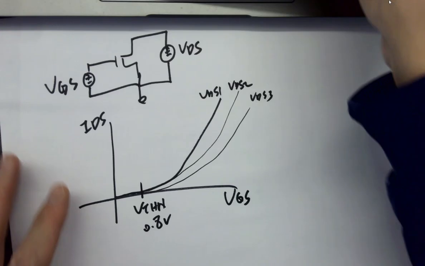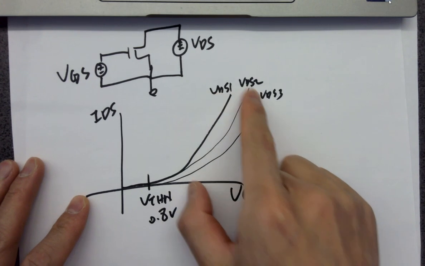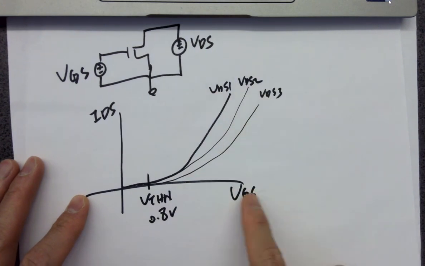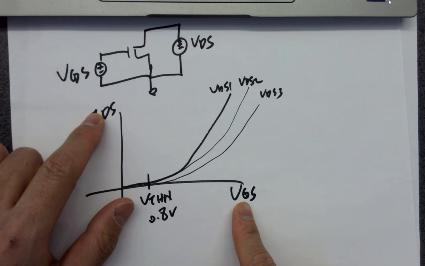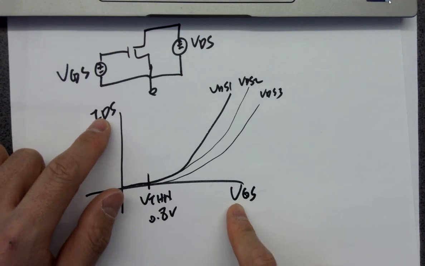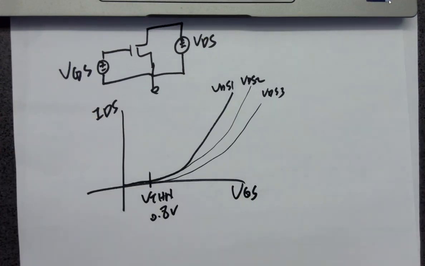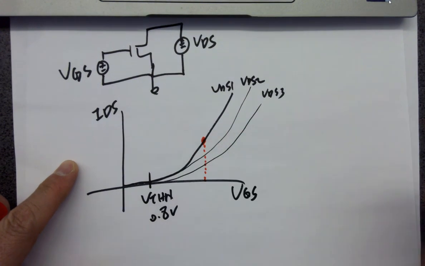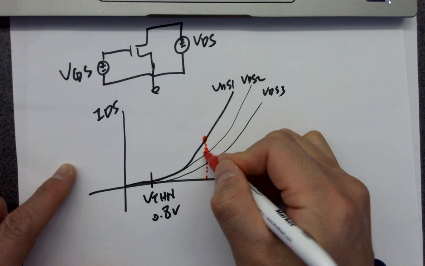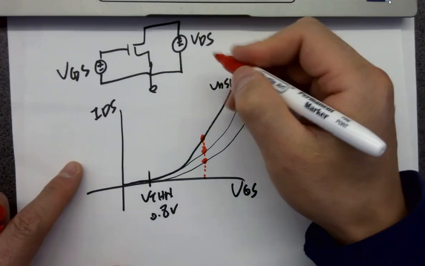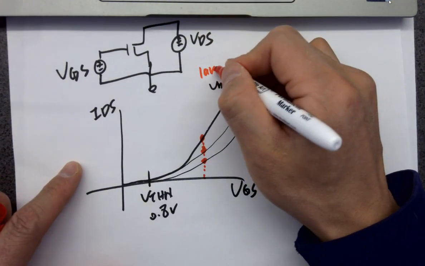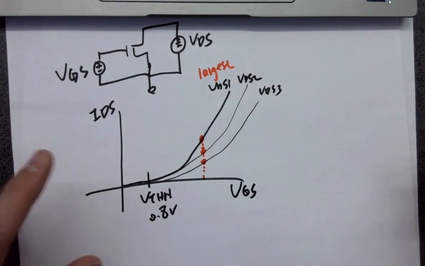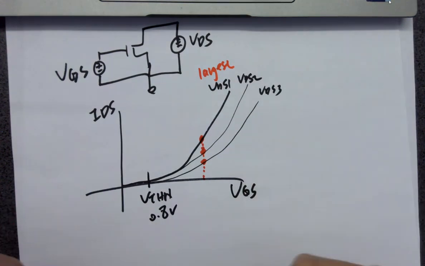So which VDS is higher, you think, in this VGS versus IDS curve? The first one is higher. Why? Because at the same VGS, this one is giving you a higher current, right? Lower and lowest. So this is the largest VDS. Make sense? Okay.